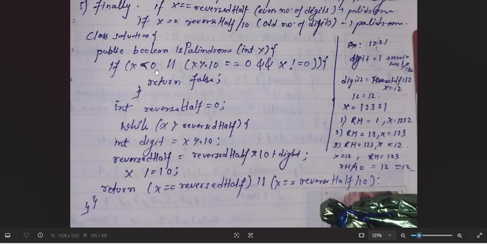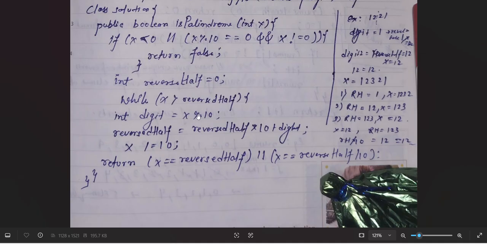If x is less than 0, or x modulo 10 equals 0 and x is not equal to 0, then it simply returns false. So if the number's last digit is 0, and the number is not 0, then it will also give false.